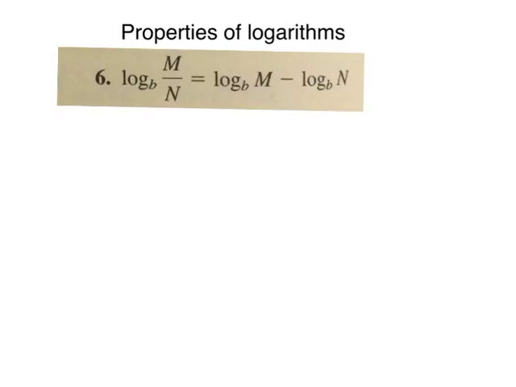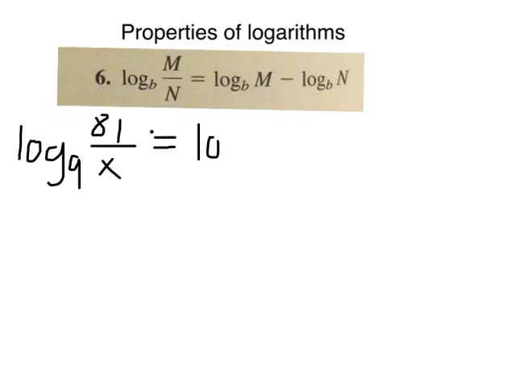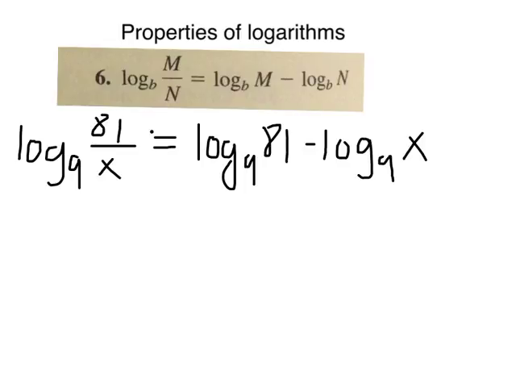So if I had log base 9 of 81 over x, we can simplify this expression as log base 9 of 81 minus log base 9 of x. Now the cool thing about this is I can simplify this expression even further.